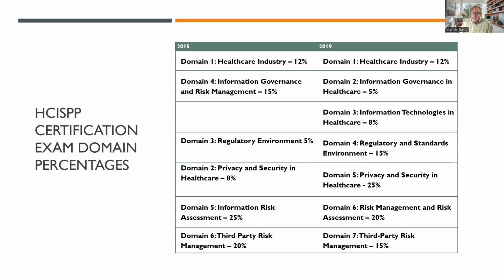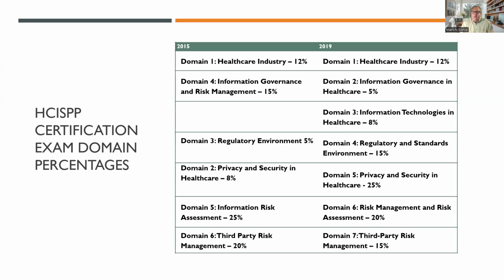I might not be exactly 15% for domain 4 or 8% for domain 2. As a matter of fact, privacy and security got such a healthy bump in 2019 that probably there'll be more than just 8% healthcare questions. But rest assured, there won't be more than 80 questions, and it'll be broken down in mostly these percentages.